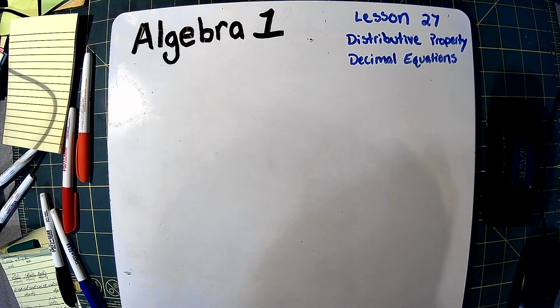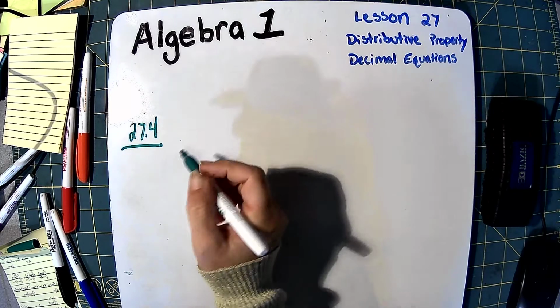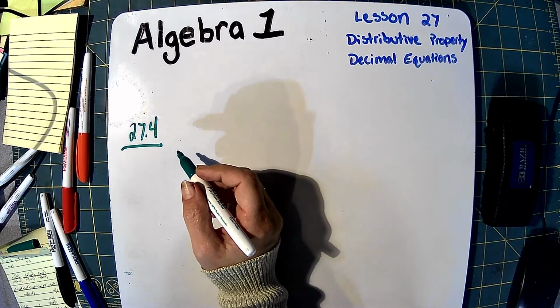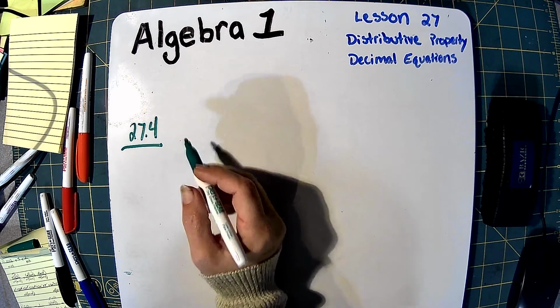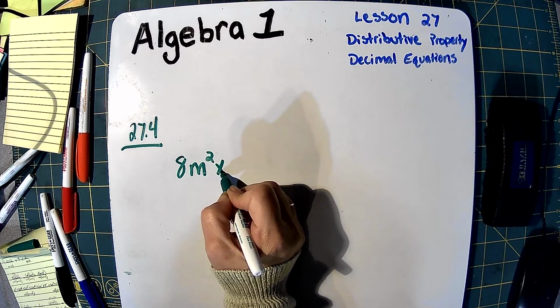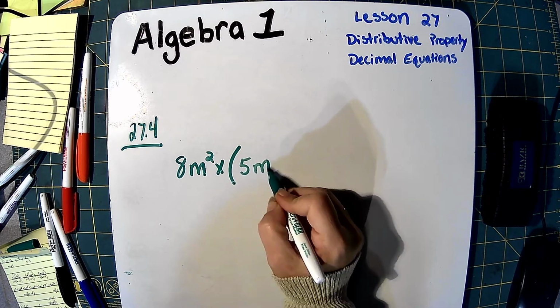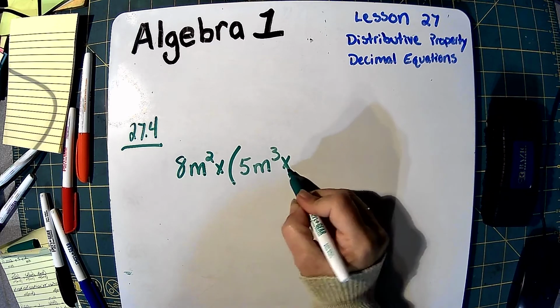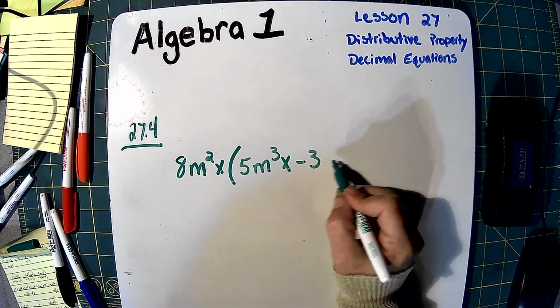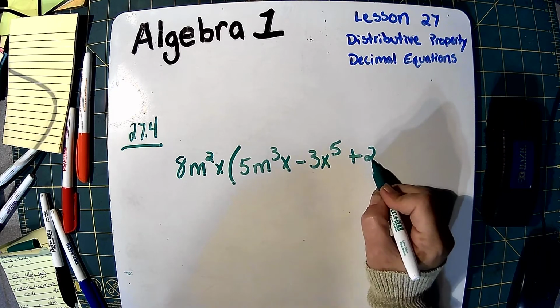Alright, 27.4. This one's got a bunch. Alright, so it says use the distributive property to expand, and we got 8m squared x times 5m to the third x minus 3x to the fifth plus 2x.